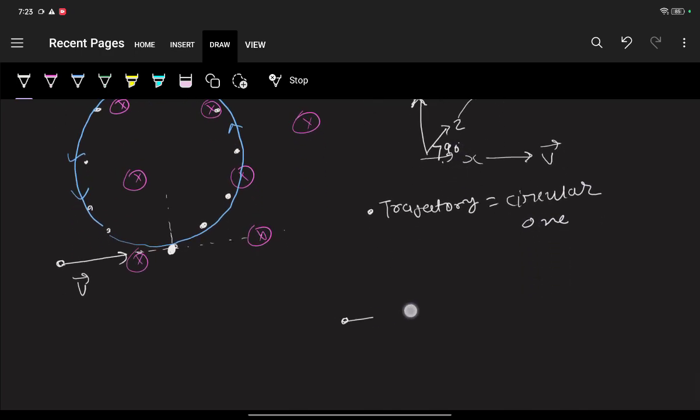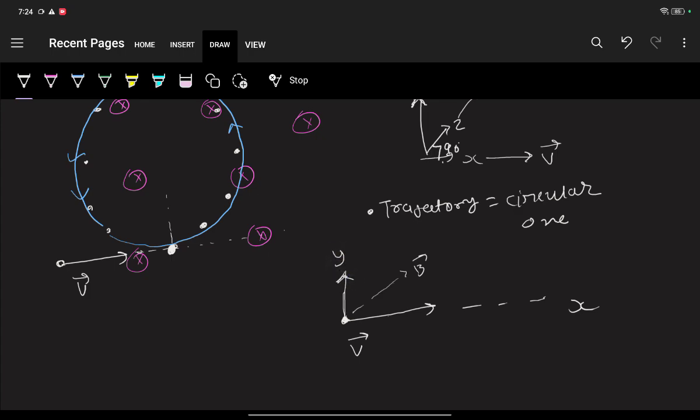The particle wants to go in a straight line in this x direction, but this magnetic field is into the page. Because of this magnetic field, force will act on this particle in this y direction, right?